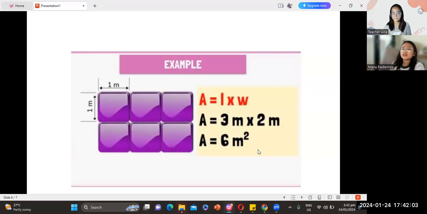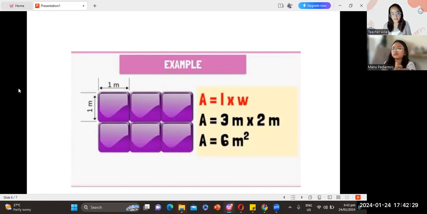S times S. Okay, A is equals to S times S, correct. How about the formula of a rectangle? L times W. Okay, A is equals to L times W.